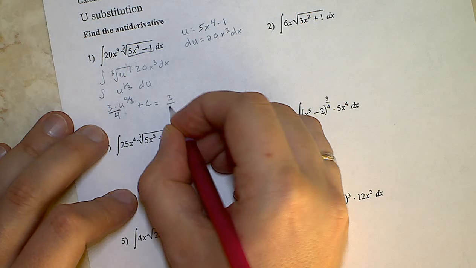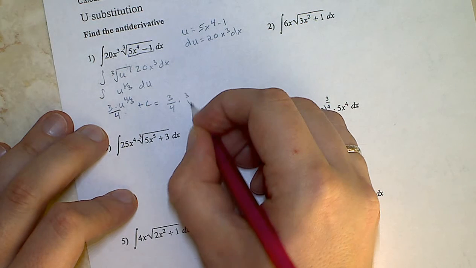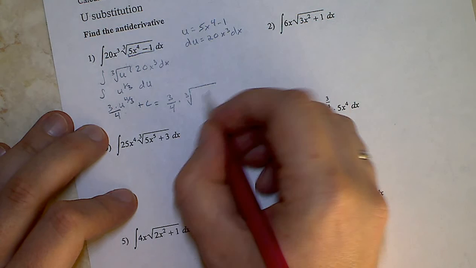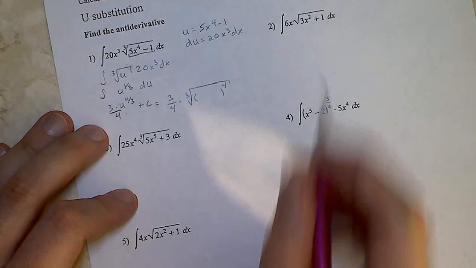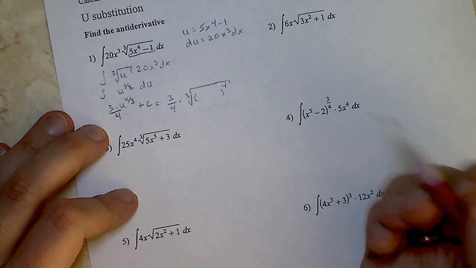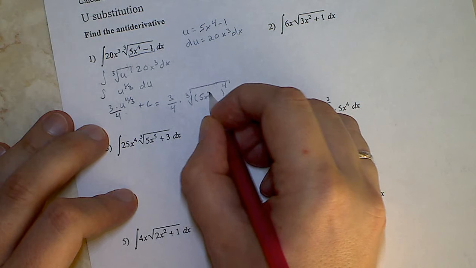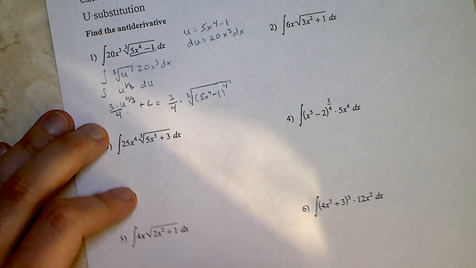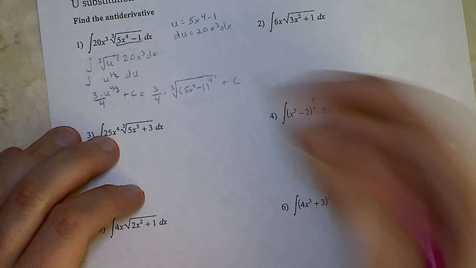So 3/4 times, this is a 3rd root because that's what the bottom number means. It's a 3rd root. And then I'm going to put in parentheses to the 4th power. And then everything that u was is going to go inside there. So 5x to the 4th minus 1. Plus c goes out here on the end.